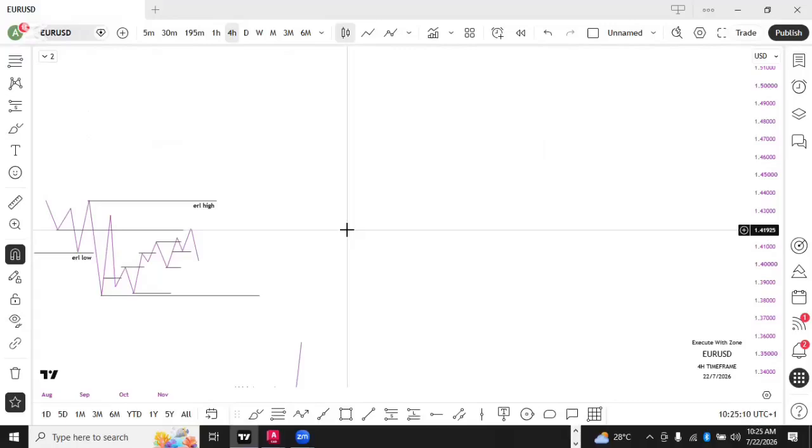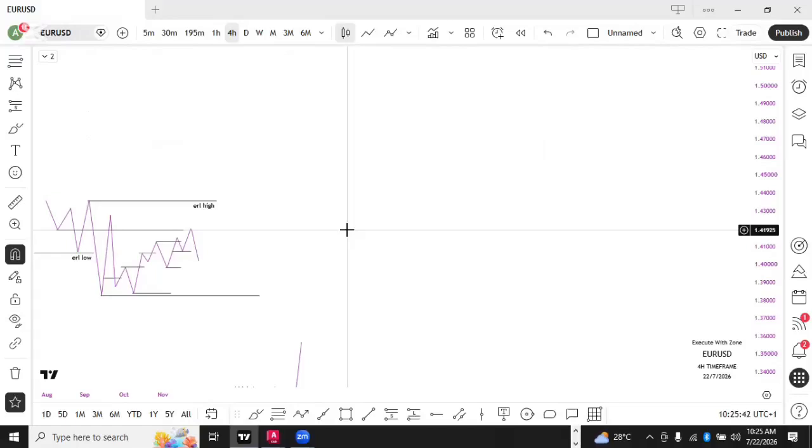So at that time you need to understand your personality. The first question is, do I work full-time? Is my work 9 to 9? Is my work 7 to 7? What is my type of personality? Is it that once I'm at work, I don't have time to come to the chart? Once you understand that, that's when you understand the time frame you are going to use.